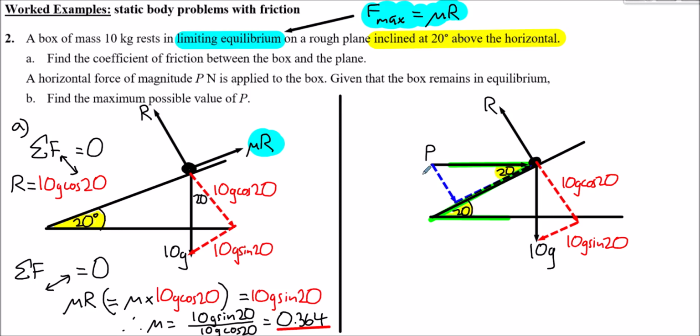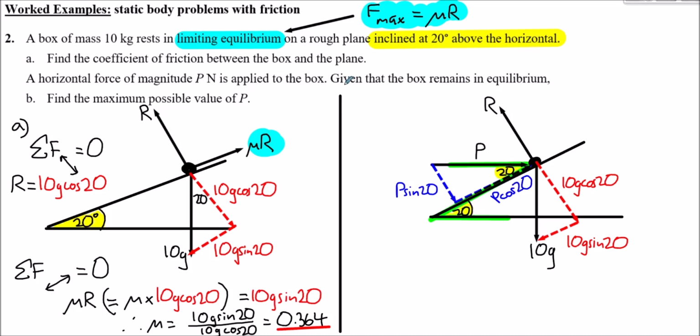So using this, this component of P, which is acting perpendicular to the slope, this blue one here acting down and into the slope, will be P sine 20. And this component acting up the slope parallel to it will be P cosine 20. So now what we can do is think about resolving in one direction.